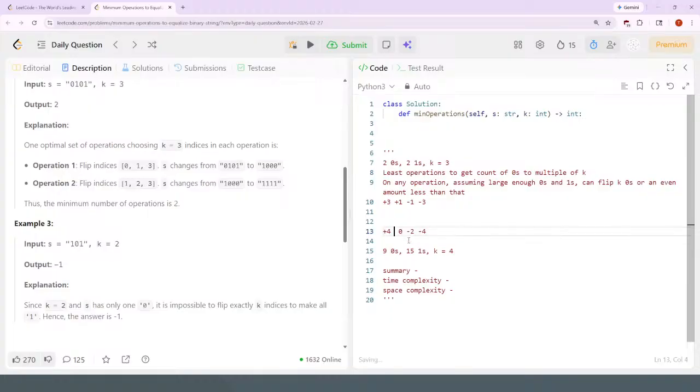For that one, you're starting off with 2 ones and 1 zero. K is 2, so it could either increase by 2 or decrease by 2.